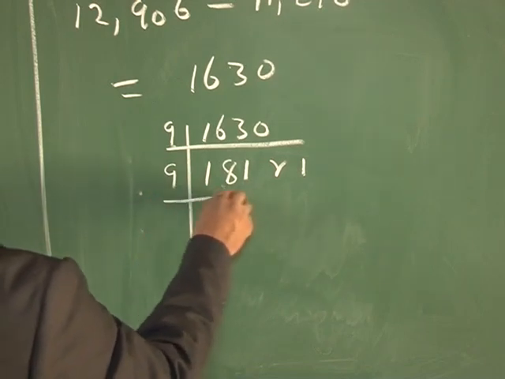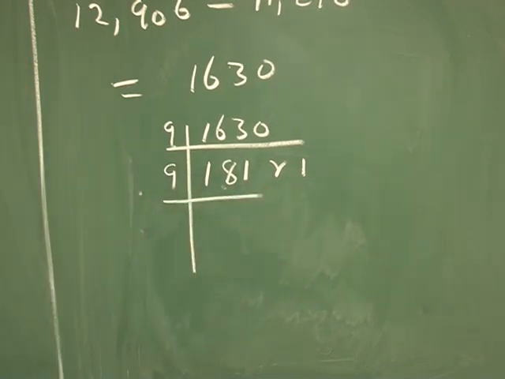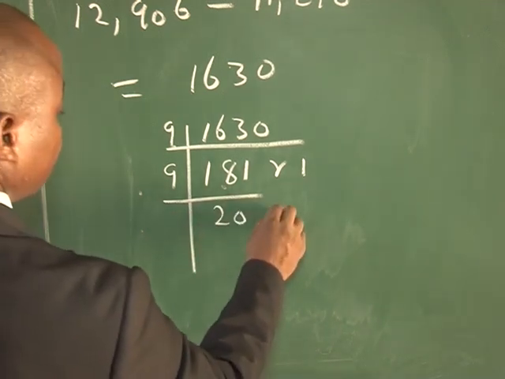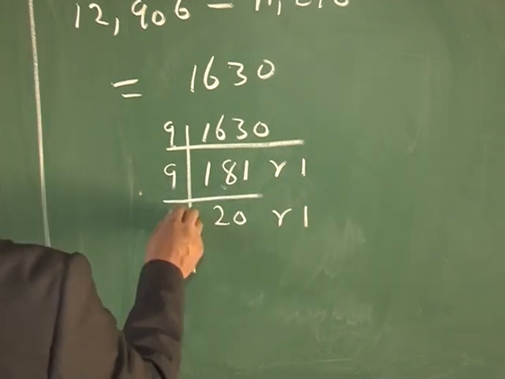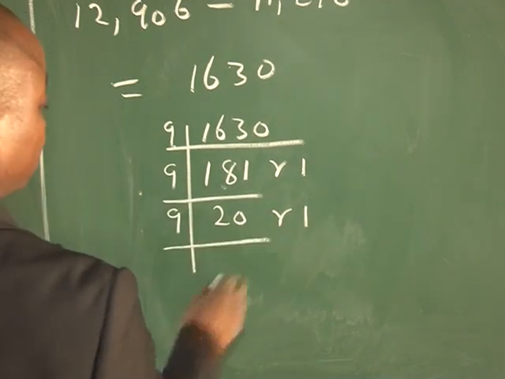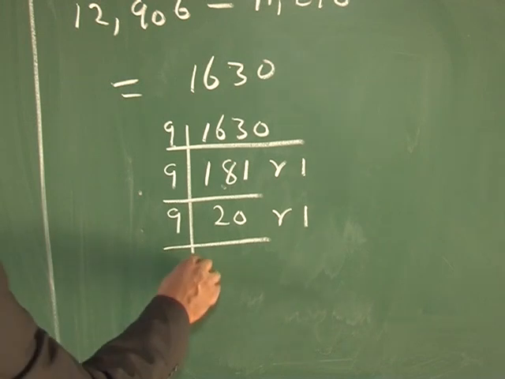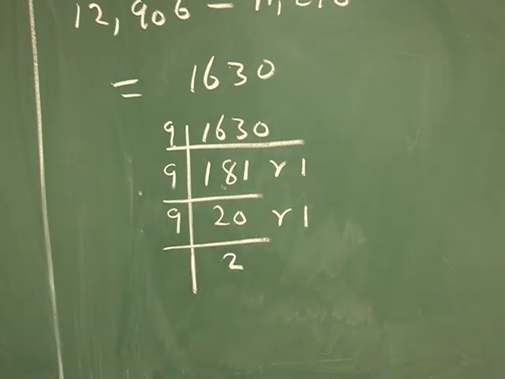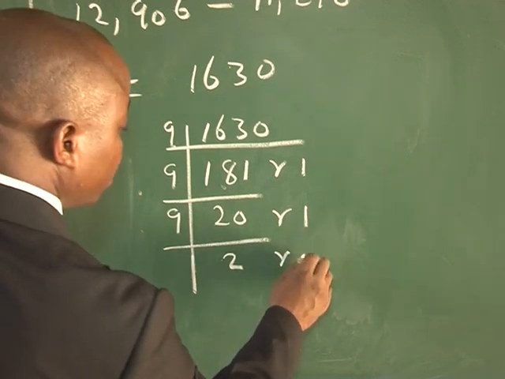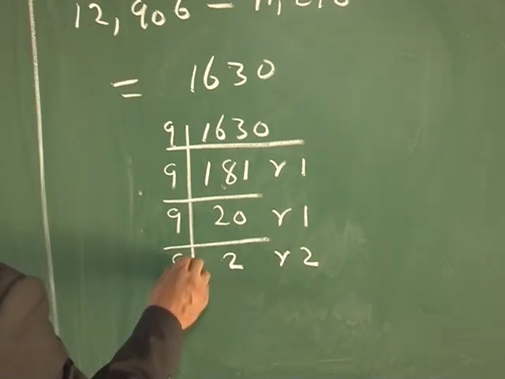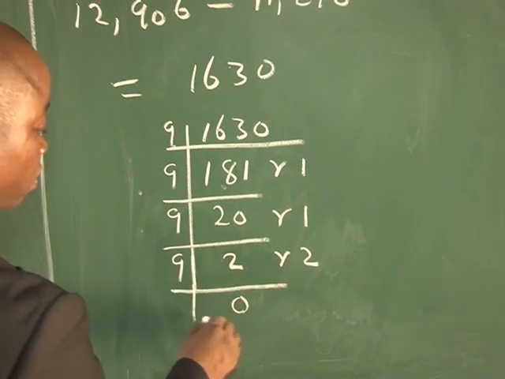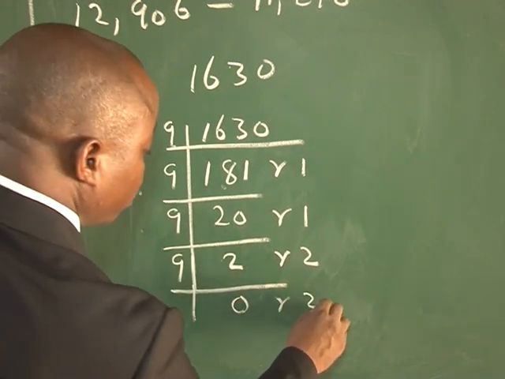Then 181 divided by 9 will give us 20. Remainder 1. And 20 divided by 9 will give us 2. Remainder 2. 2 divided by 9 is 0. Remainder 2.